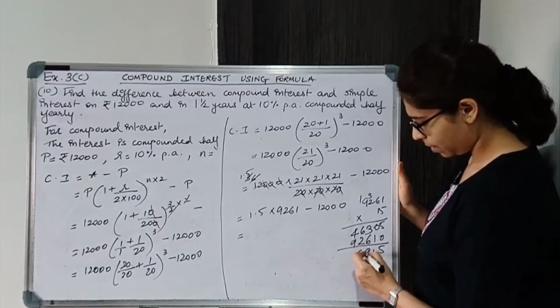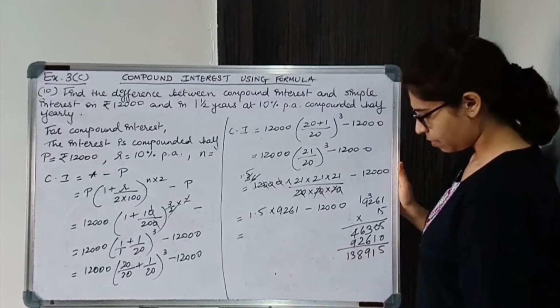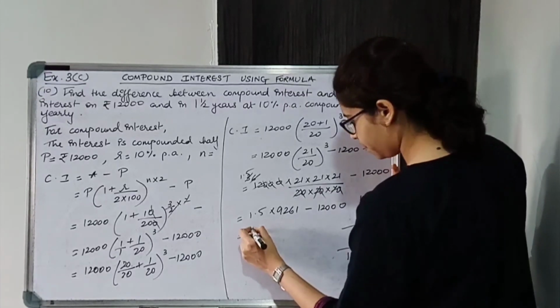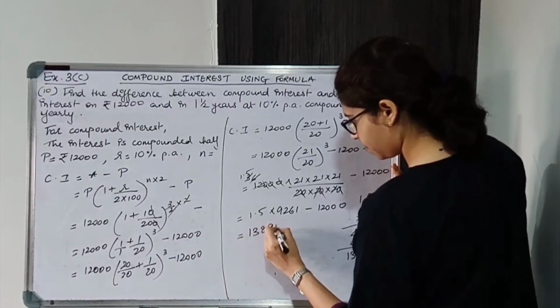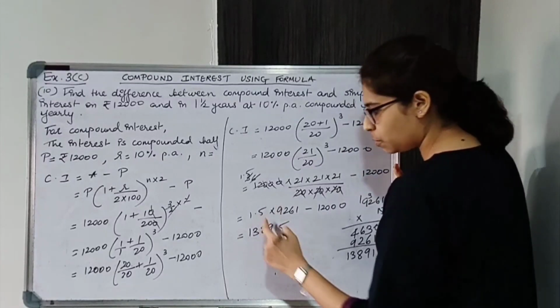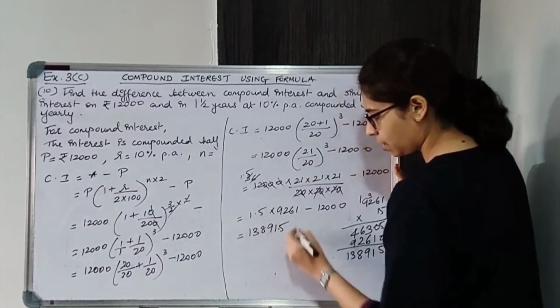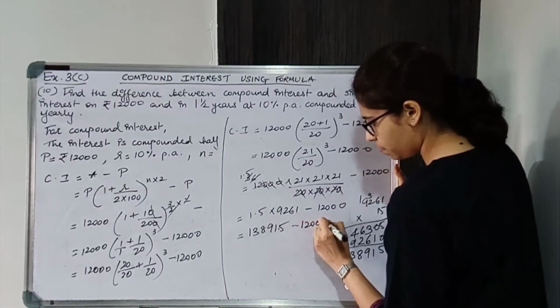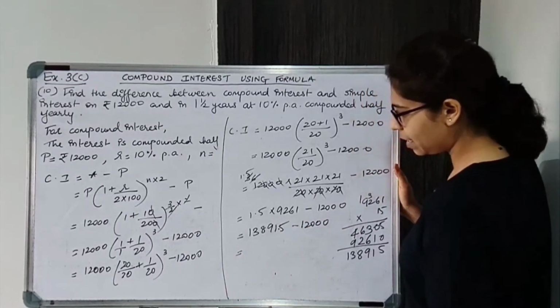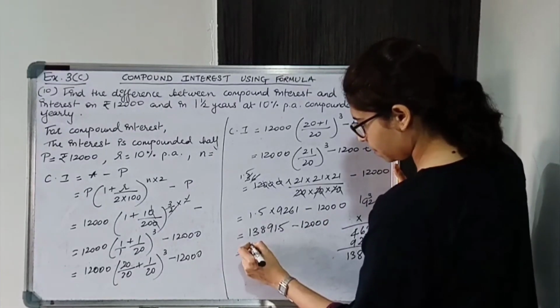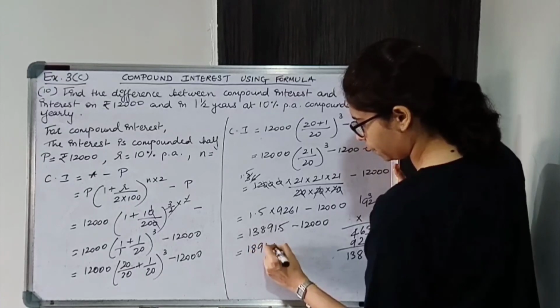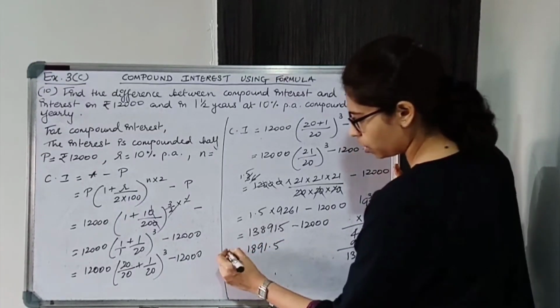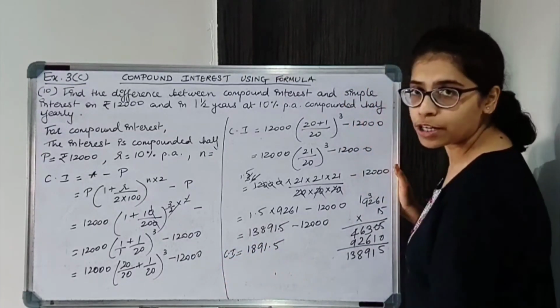So we get 138915. Now put the decimal point. There was a decimal point after one number. Minus 12,000. So we'll get 1891.5. So compound interest is 1891.5.